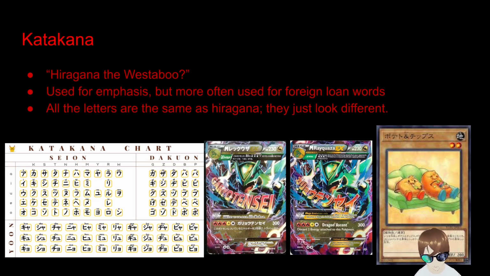Also, every single Pokemon name is written in katakana, which reminds me, you also use it for sound words. All the Pokemon are written in katakana because all they say is their name. So technically their name is a sound word. But yeah, katakana really is just kind of like hiragana, but for Western words. It's not necessarily just Western words. I think you can also use it for words from any other country.